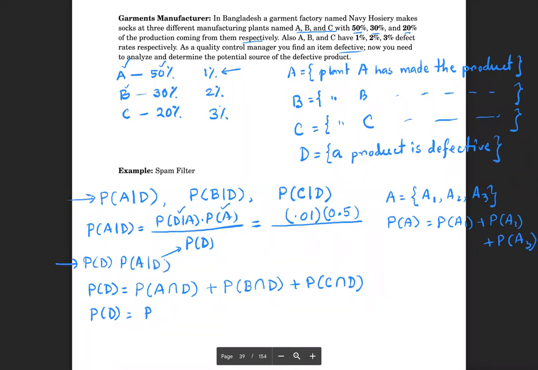So you don't want to use that version, okay? You want to use this one: probability of plant A making it times the probability of defective given that A has made it. Similarly, probability of B making it times the probability of defective given that B has made it, plus the probability of C making it times the probability of defective given that C has made it.